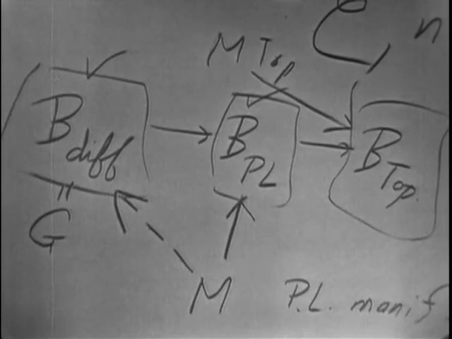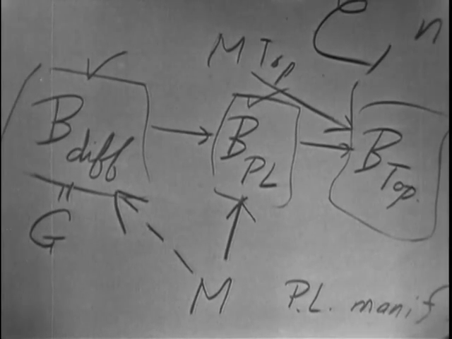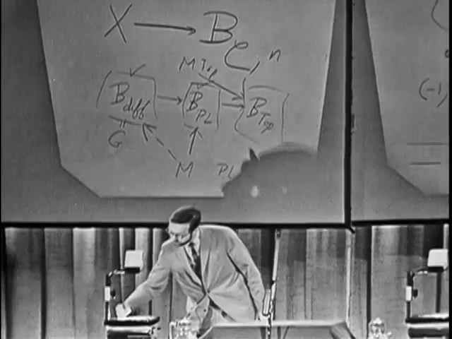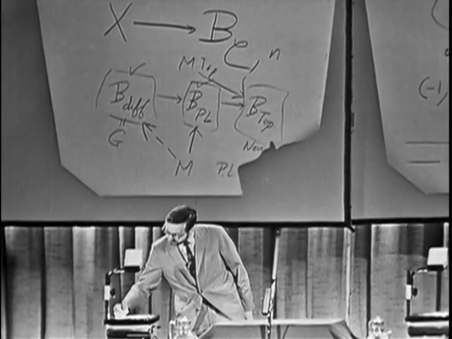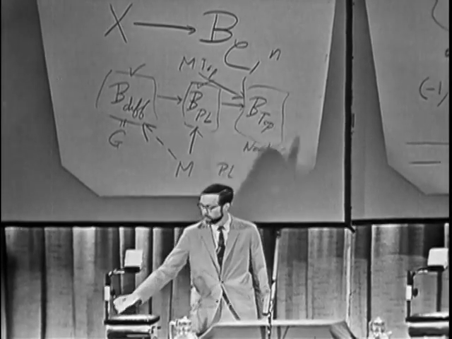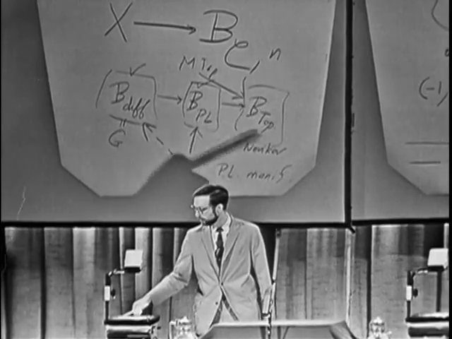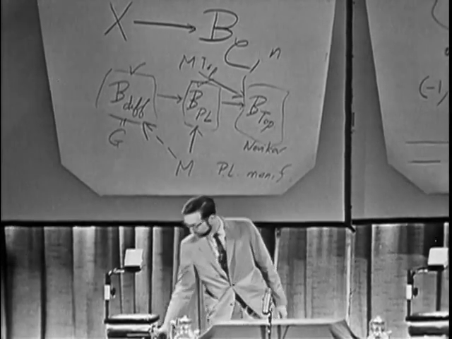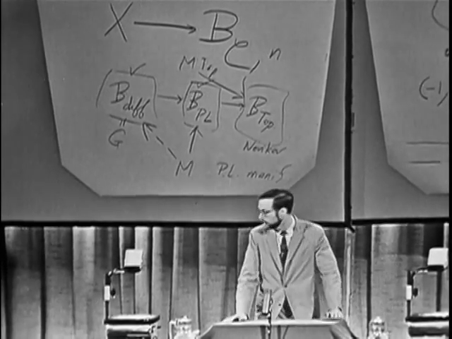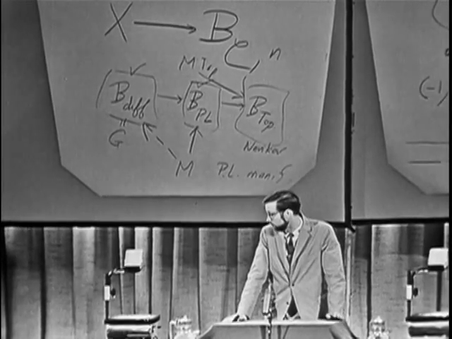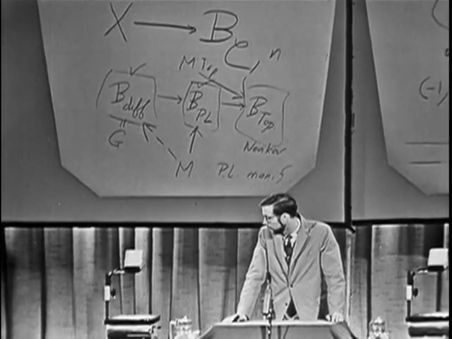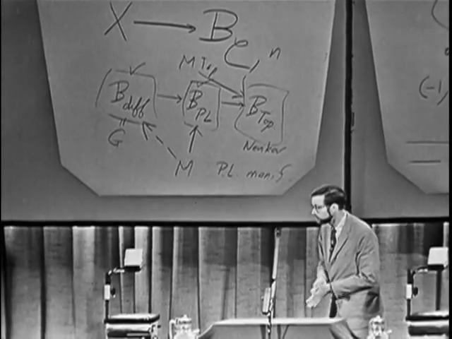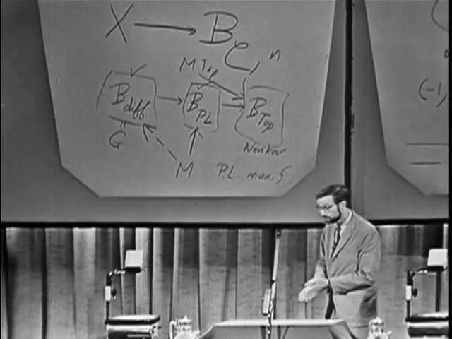And lately, if reports one hears from Russia are true, the Soviet mathematician Novikov has made a very good start on determining the homotopy theory of this B topological. It's something which has been completely unknown up to the last month or so. But these are developments which still lie in the future, so I'd like to stop at this point.